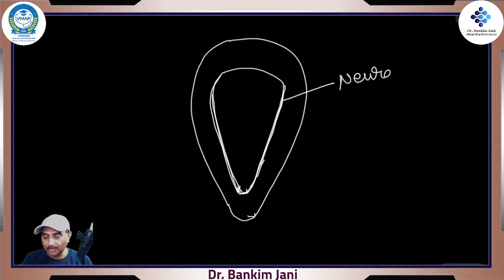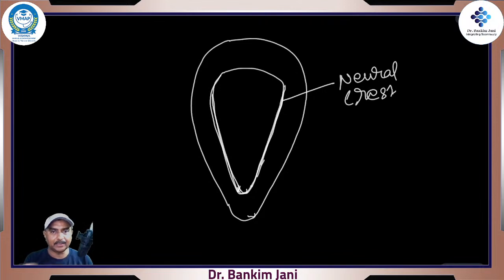The neural crest, and inside what you are getting, that is the neural tube, because the neural tube would be inside. And it is divided like this, because what will form the neural tube will make the brain and the spinal cord. So that is over here.